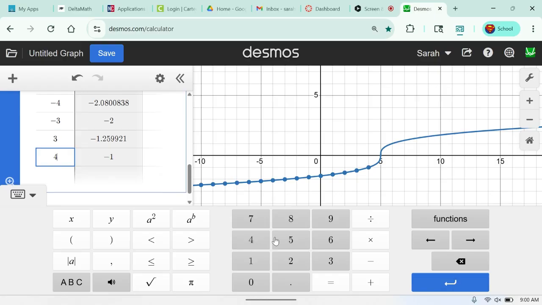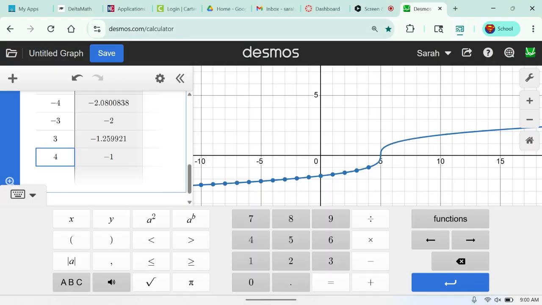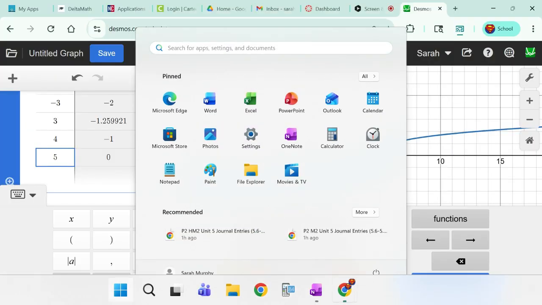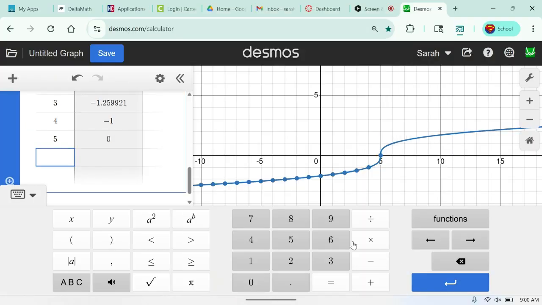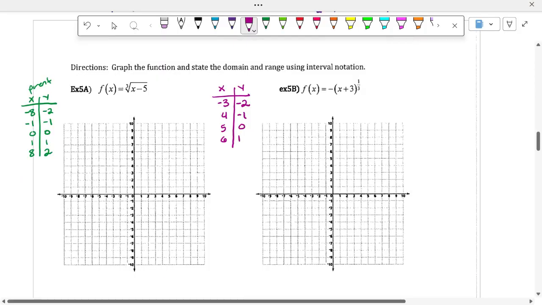All right. 4. Oh, got another winner. So I have 4. What was it? -1. Okay, keep going. 5. Oh, got another winner. 5, 0. Keep going. 6. Oh, got another one. 6, 1.